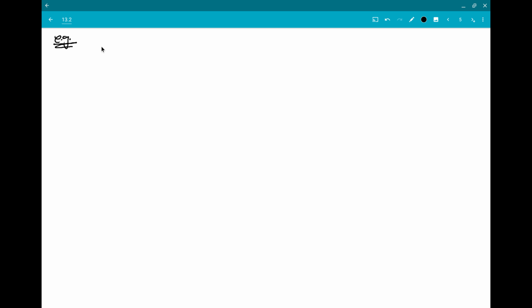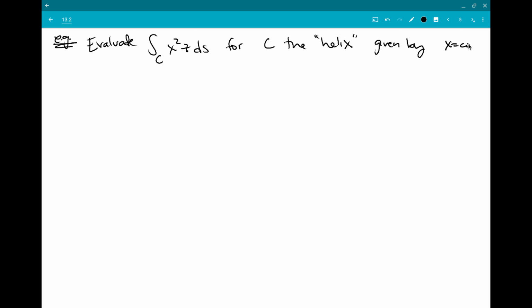So what we're going to do is evaluate the integral over some curve C of x squared z ds, for C a helix given by x equal cosine t, y equal to 2t, and z equal to sine t, for 0 less than or equal to t less than or equal to pi.